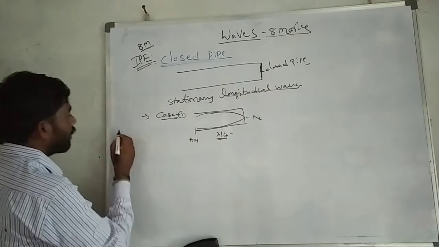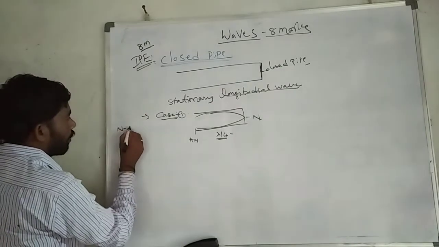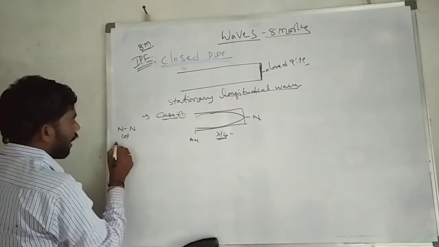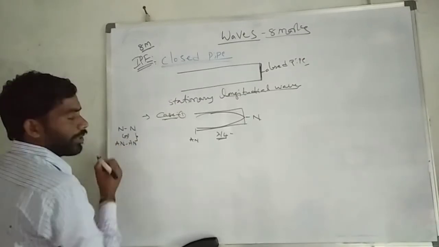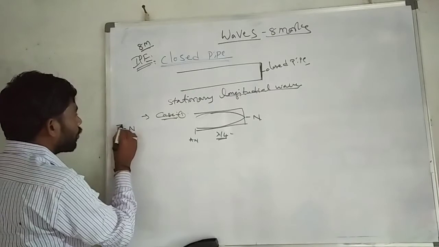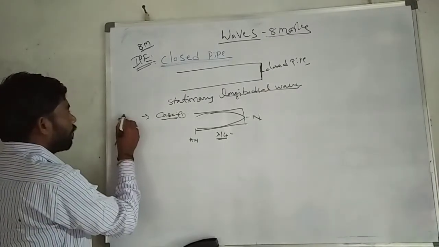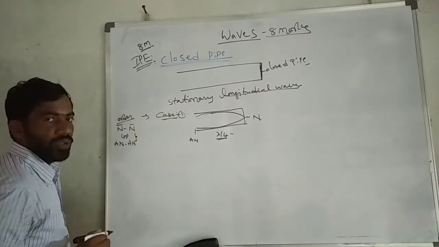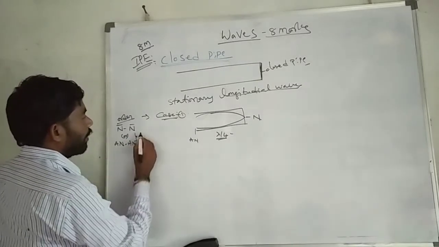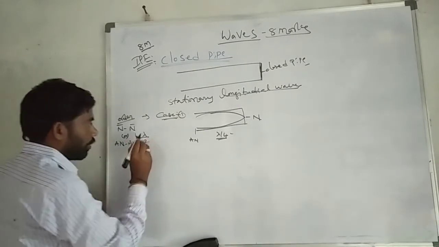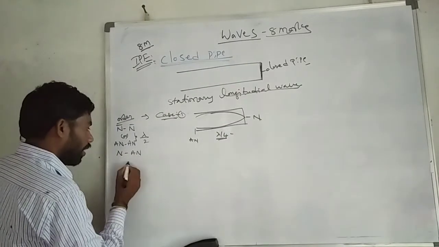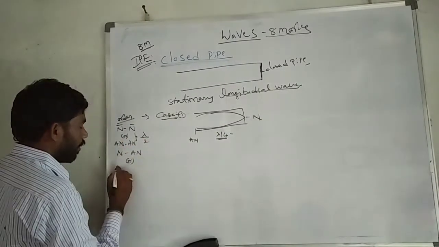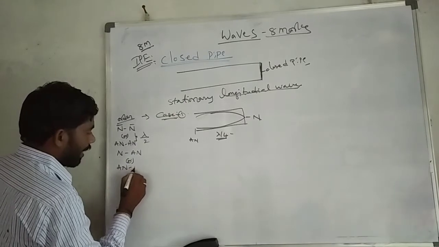Please remember it. Node to node or antinode to antinode is lambda by 2, and the order of node and antinode is a must.